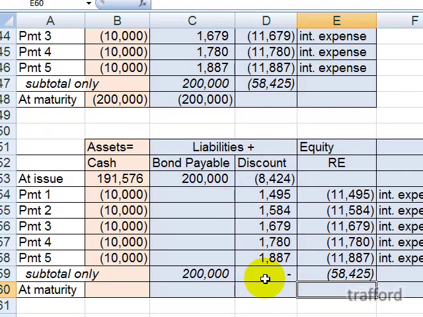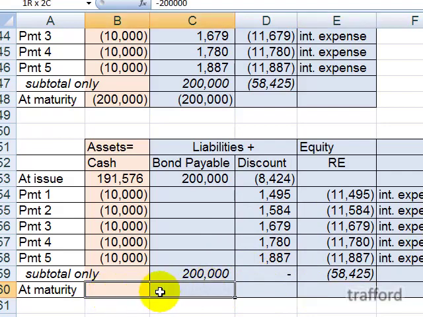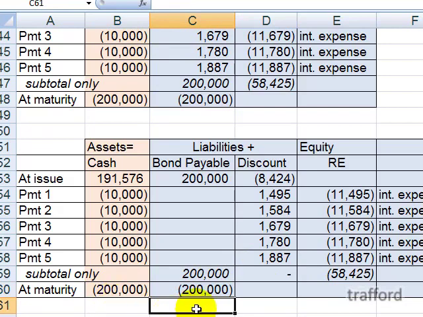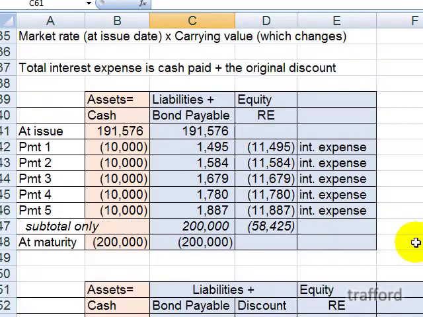At the maturity date, since the discount account has been amortized away to 0, the only thing left is the $200,000 in the bond account. So, of course, that entry looks the same as what we saw earlier. Cash goes down $200,000, bond payable account goes down $200,000.